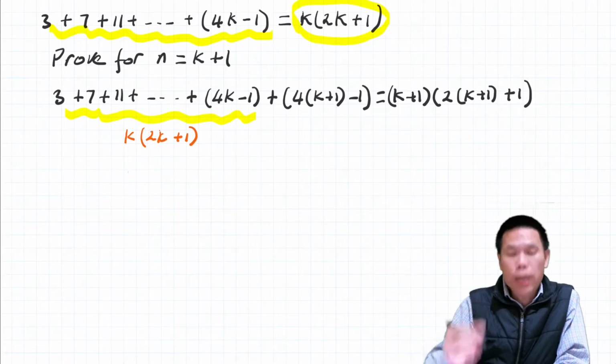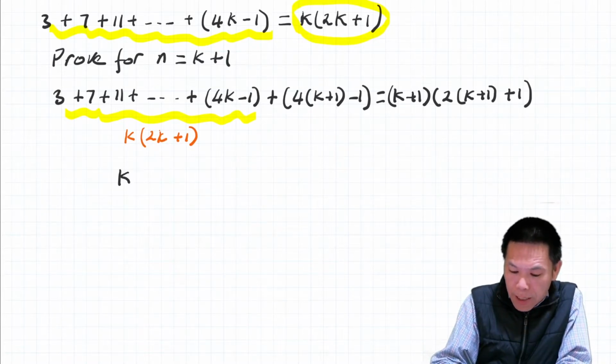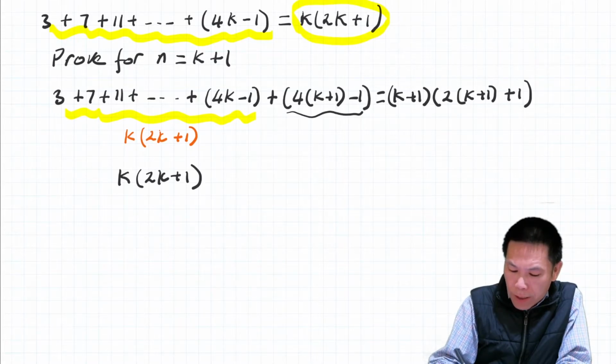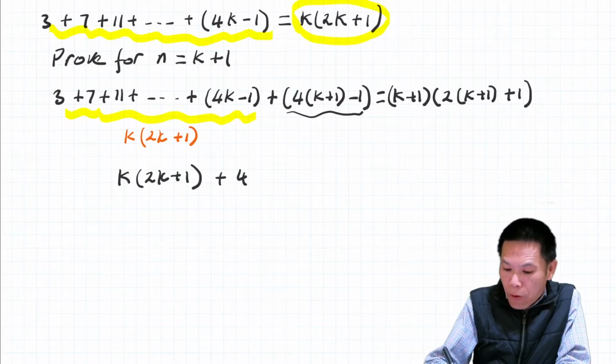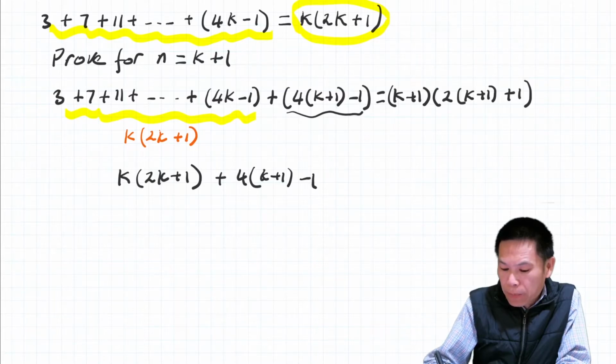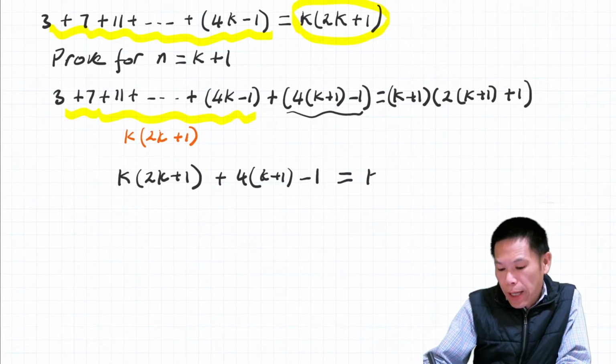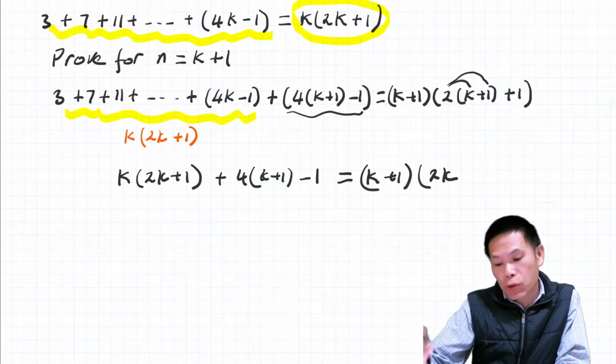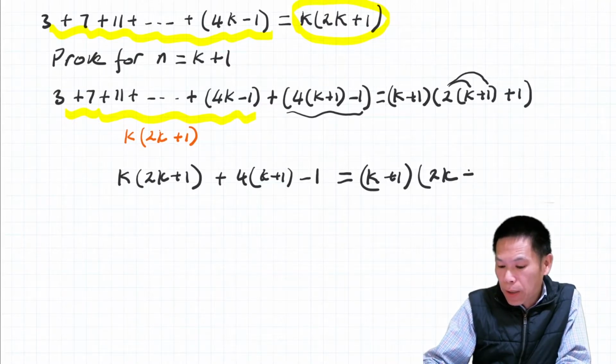So that is k times 2k plus 1, and we add 4 times k plus 1 minus 1, which equals the right hand side, which is k plus 1. Now I just multiply this in, that gives me 2k, and multiply this in, gives me plus 2 and plus 1, so plus 3 altogether.